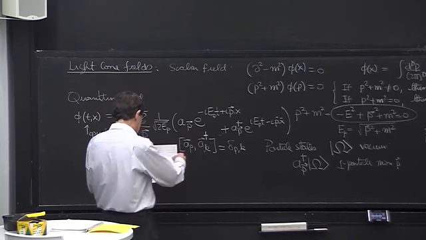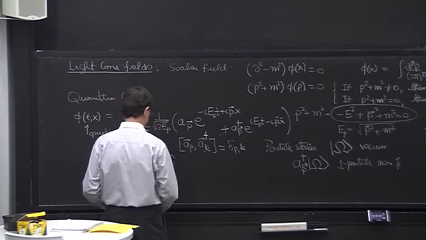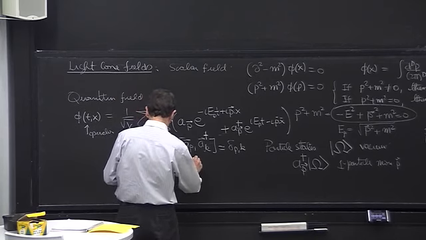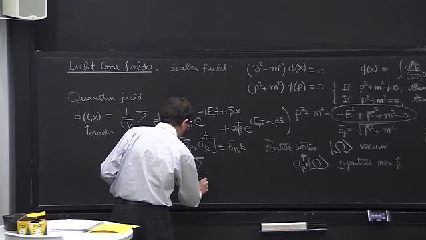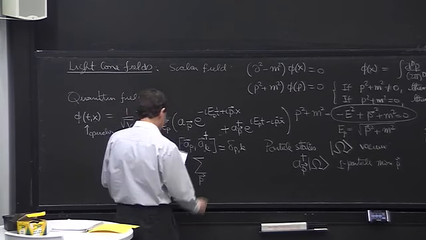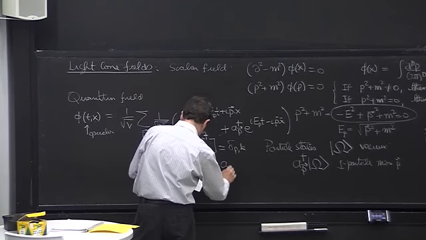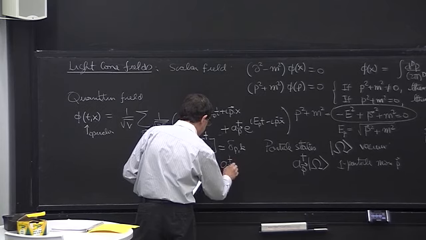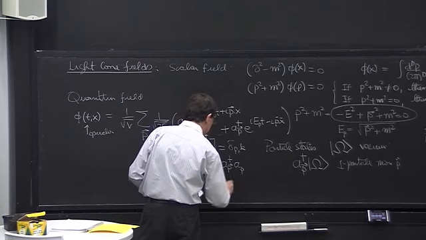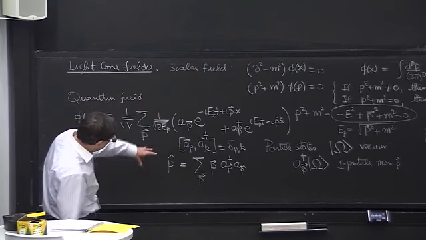So for example, if you want to write the momentum operator, P, it would be written as the sum over all possible values of momenta K, times AK dagger times AK. Some kind of number operator like that. And you can realize that this is true.